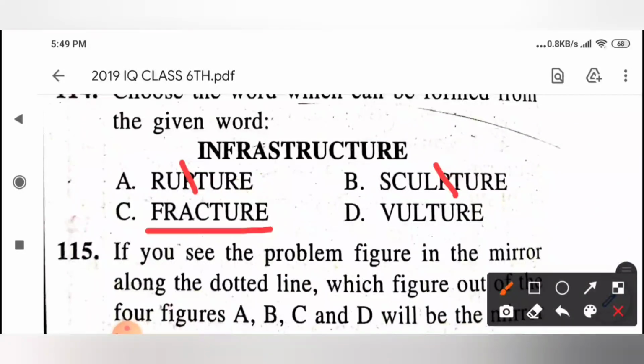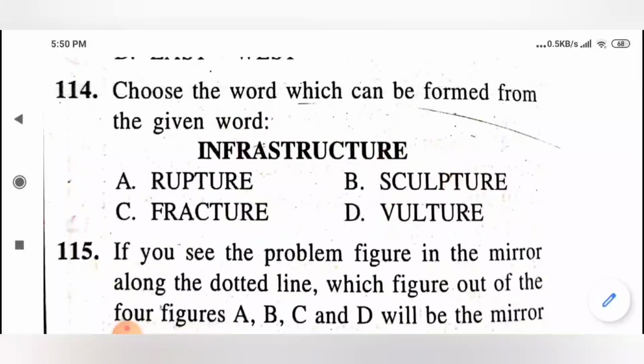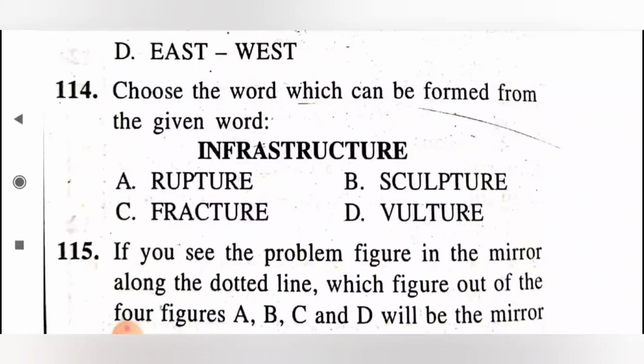Just see whether all the letters are there. Fracture, F, R, A, C, T, U, R, E. Yes, all the letters are there. Why not vulture? Because the letter V is not present in infrastructure. So you cannot form rupture, sculpture and vulture. You can form only fracture. So option C is the correct answer.